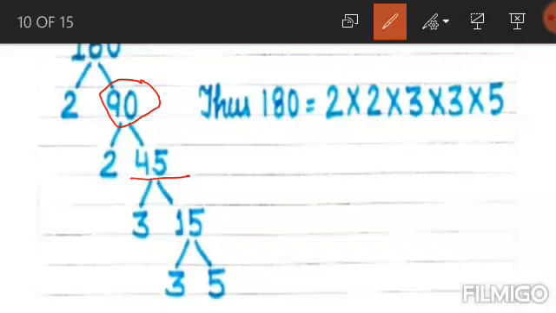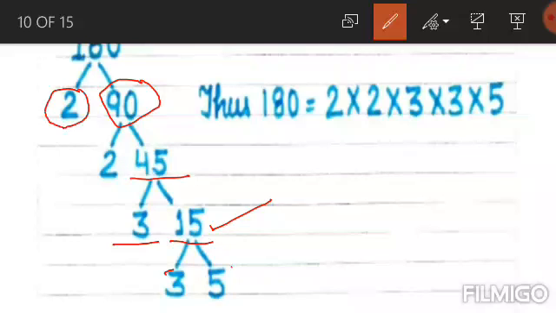So we will take next prime number, that is 3. So we divide 45 by 3, we get 15. Again 15 is divided by 3, we get 5.